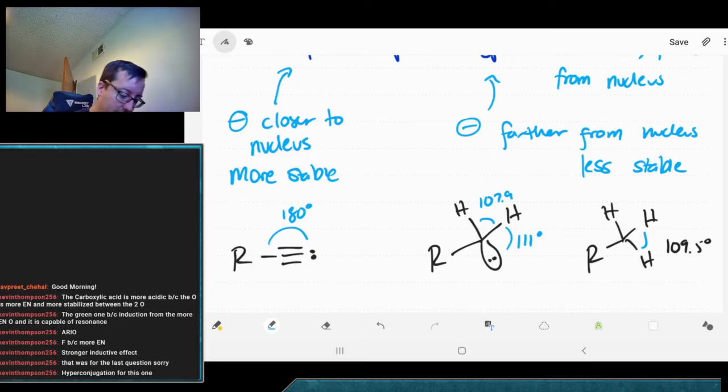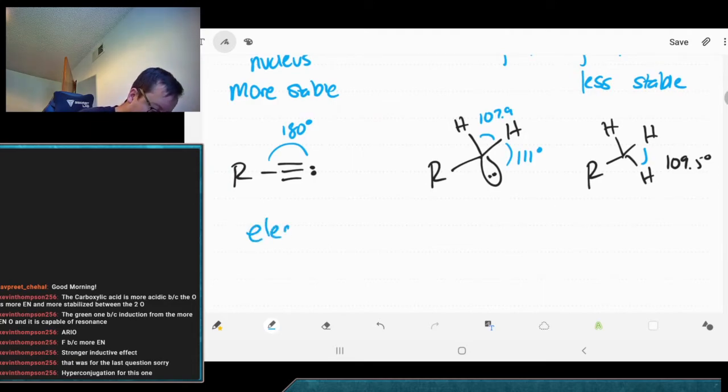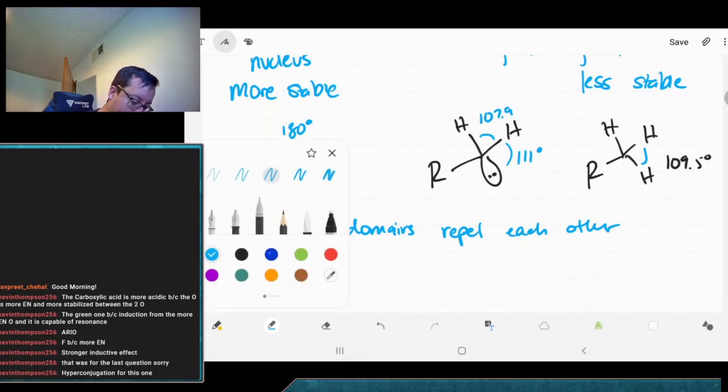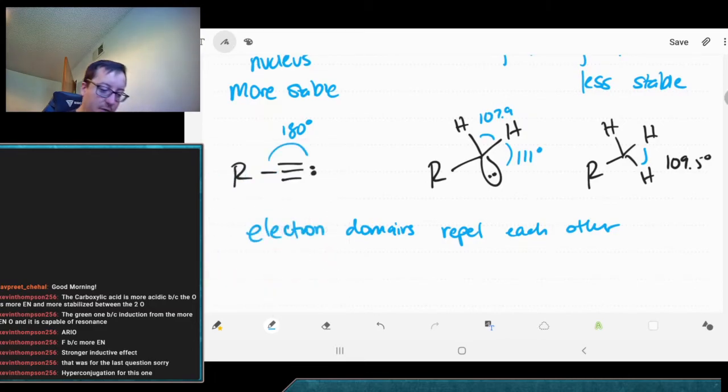So, remembering that electron domains repel each other, right? Because they're essentially negative charges. They're just electrons hanging around each other. We saw that with ammonia, we're going to see those bond angles, but we're going to see that a negatively charged lone pair is going to be slightly more obtrusive than a regular lone pair would be.